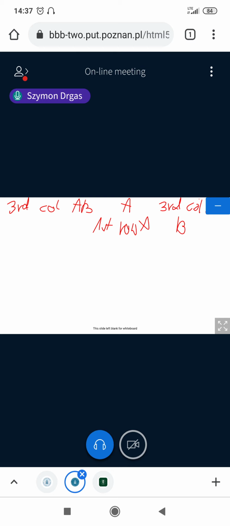And how about C? So the entry in the third row and fourth column of AB. So what do we need to multiply?